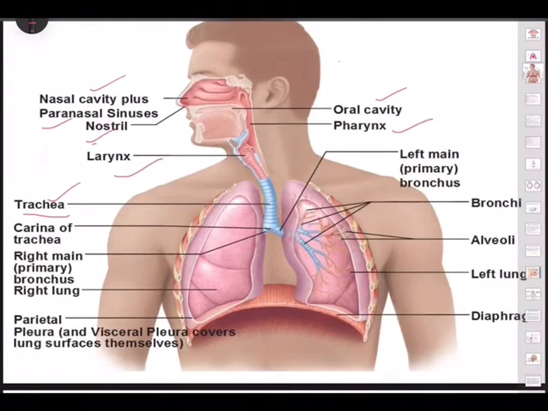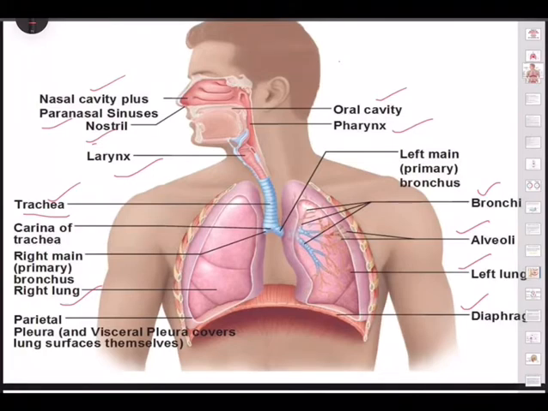Trachea is the air tube, and then the branches, the bronchus, here you can see, and then the lungs as such, left lung and right lung, two lungs, balloon like structures, and then alveoli, perforations on that, and the beautiful diaphragm muscle, and of course the cartilaginous rings of the trachea.